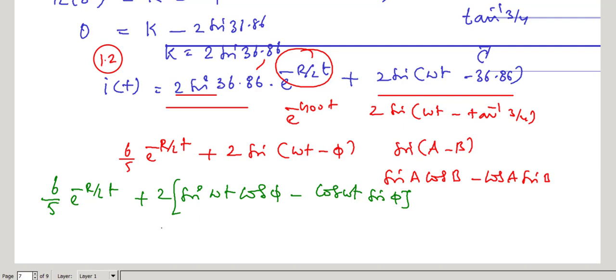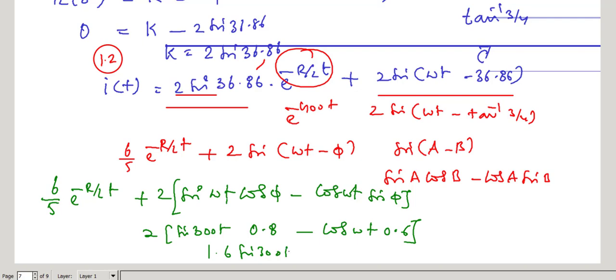So 2 sin 300t cos phi, and cos 36.86 is 0.8, so sin is automatically 0.6. So 2 into 0.8 is 1.6 sin 300t minus 2 into 0.6 is 1.2 cos omega t.